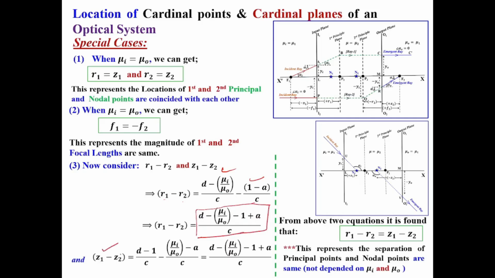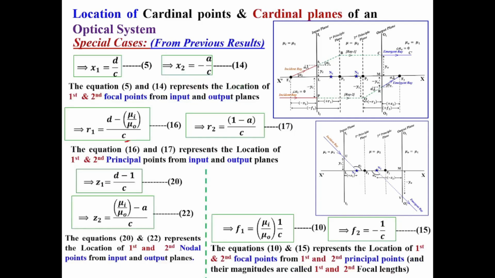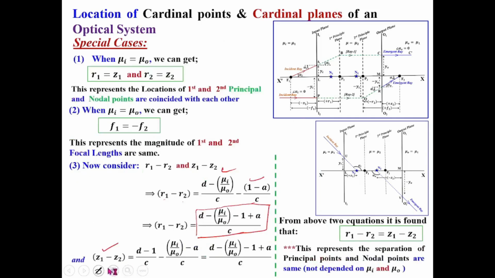Now z1 minus z2: z1 is d minus 1 by c, z2 is mu I by mu o minus a by c. If I subtract these two values, we find d minus mu I by mu o minus 1 plus a by c, both are the same. From these two equations, we found that r1 minus r2 is equal to z1 minus z2.